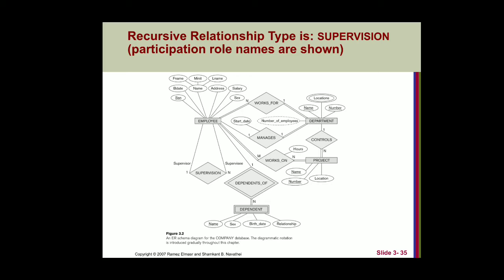In the ER diagram, what we do is we write the name of the role, that is, whether the employee is working as a supervisor or supervisee. From the left-hand side you can see we have written supervisor, and on the right-hand side we have written supervisee. That is, an employee is a supervisor for another employee, or else if we go from left to right, this employee is working as supervisee under a particular supervisor.